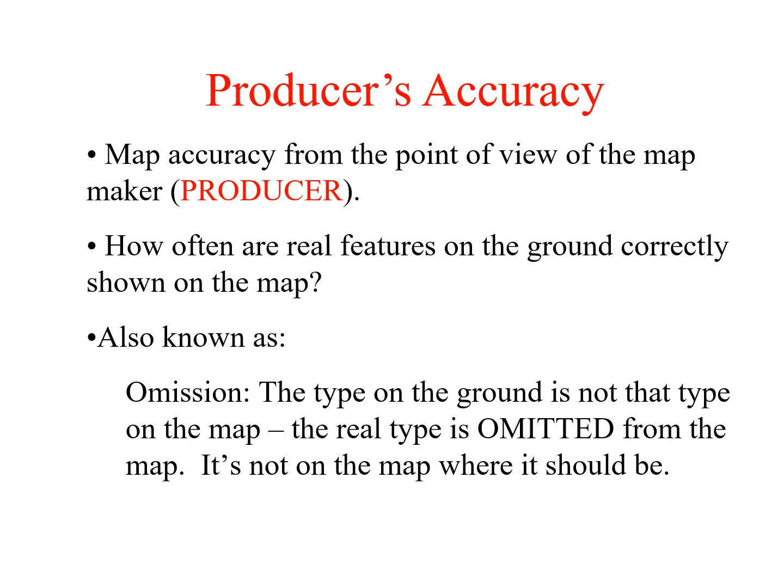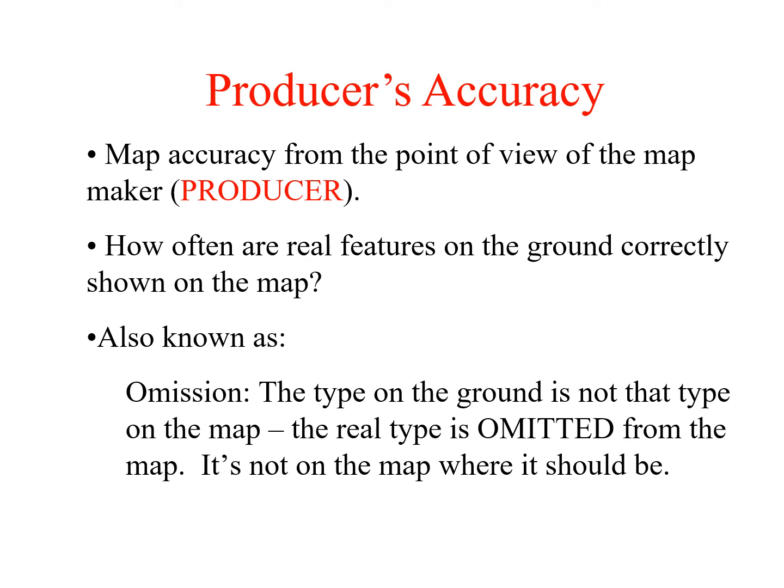So the producer is the only one who knows what the real features on the ground are and can compare that with what's shown on the map, what the actual classified image says those particular points are. This is also known as omission error. So the type on the ground is not the type on the map. The real type is omitted from the map. It's not on the map where it should be.